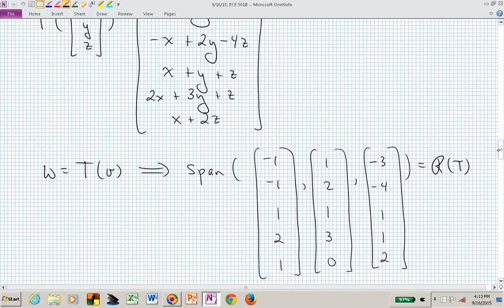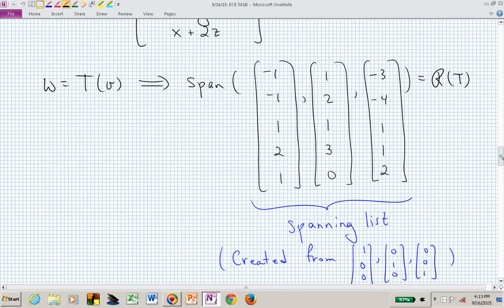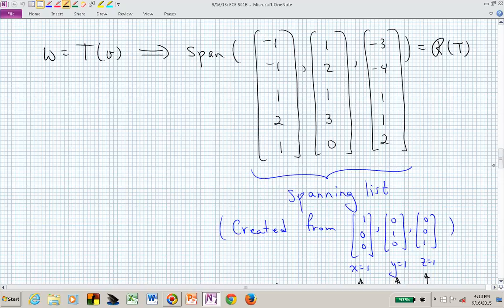We could set all of those 3 coordinates independently to 1 and all the other coordinates to 0. So here's where I found my spanning list for that linear map, and this gives the range of that linear map.